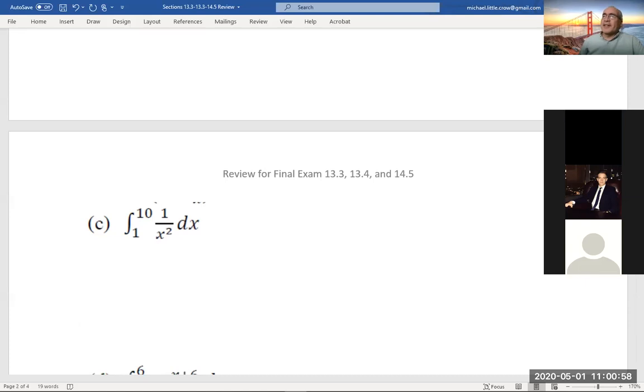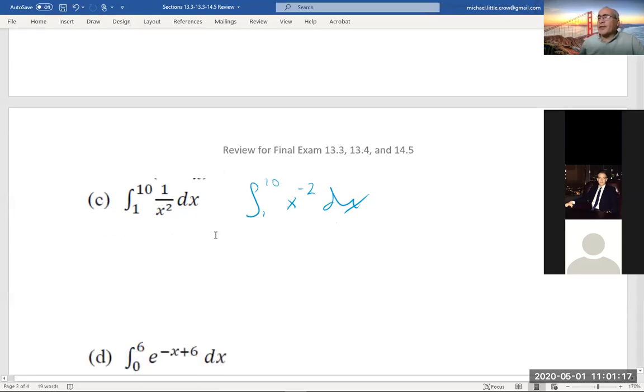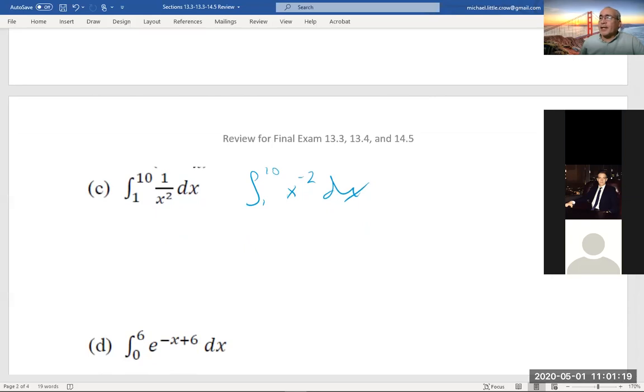Okay, so this one, we're going to rewrite this one as x to the minus 2. And again, this one you could probably put in, but you're probably going to get decimals. So we'll do it kind of both ways just so you can match it. You can plug it in your calculator, go from 1 to 10.